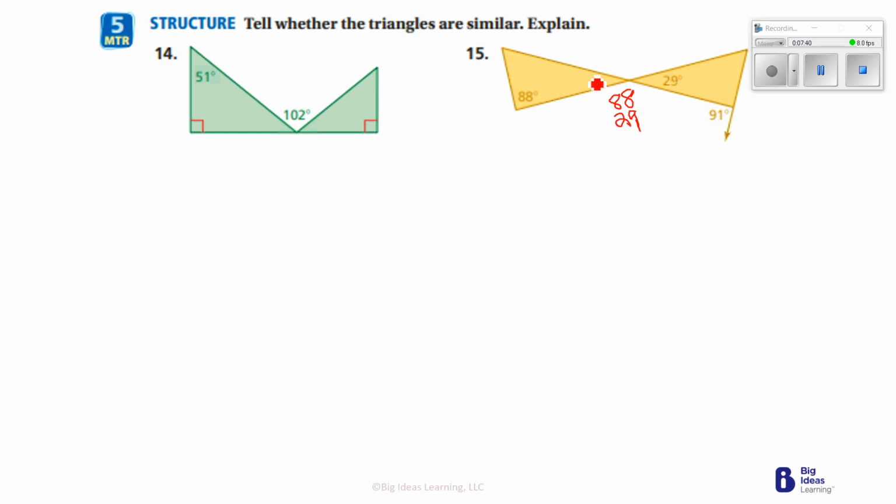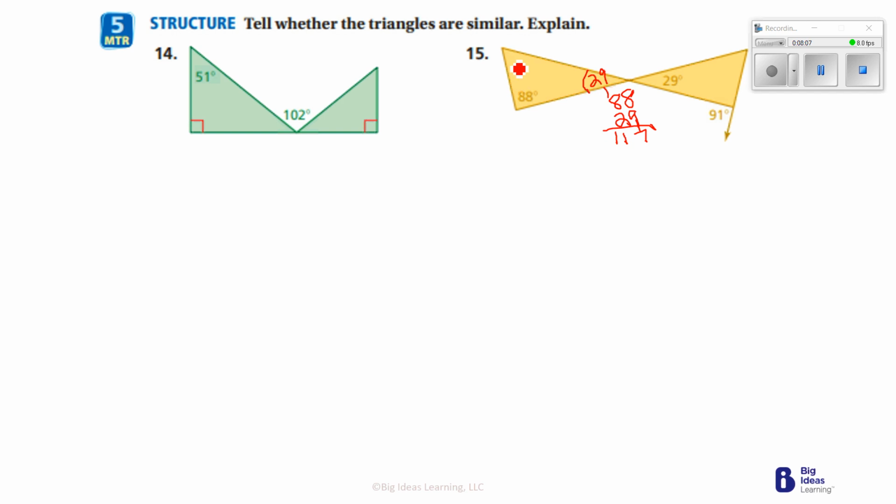Now we know if this is 29, this one has to be 29 because there are vertical angles here. So automatically, if I add these two together, I'm going to get, well, that's a 7, carry the 1. That's 117. So when we take away 117 from 180, that's going to give me 163.